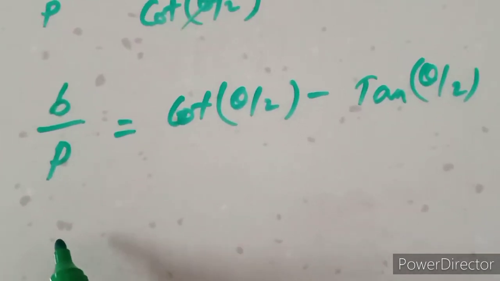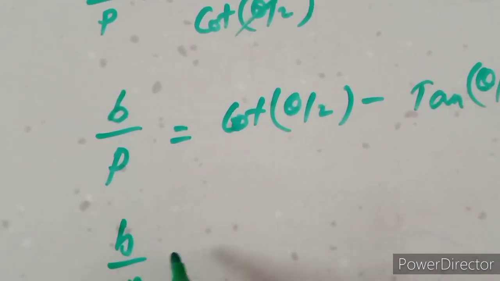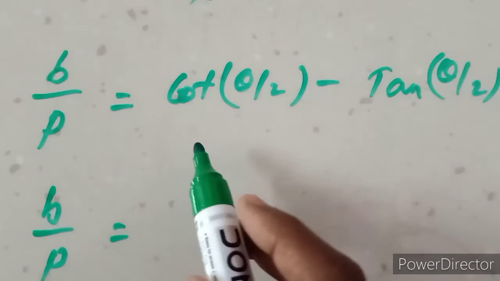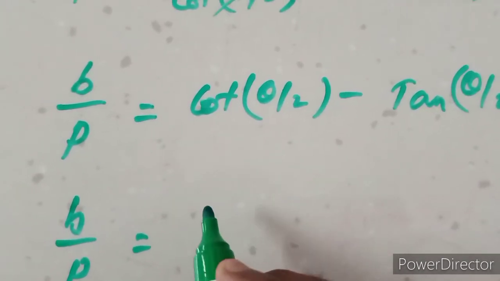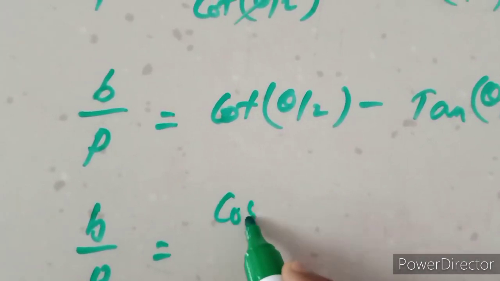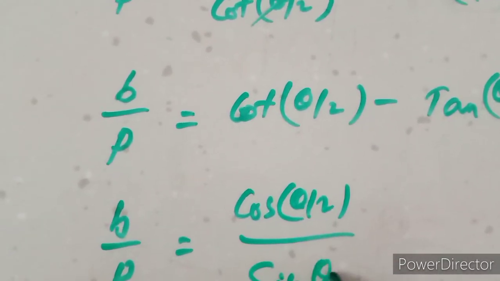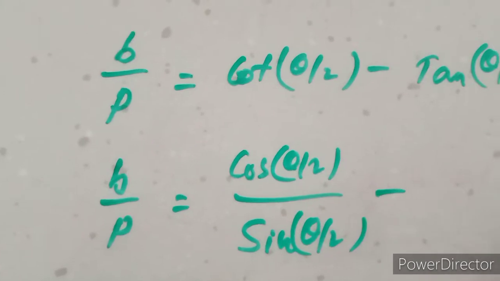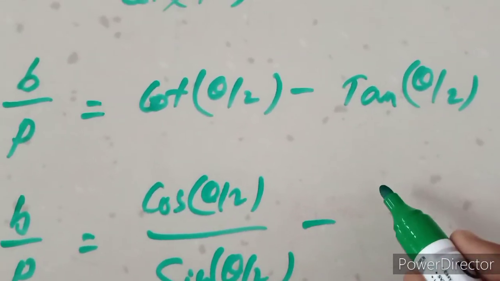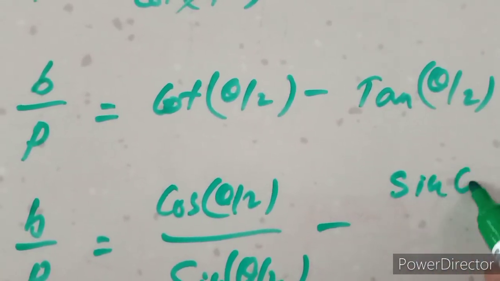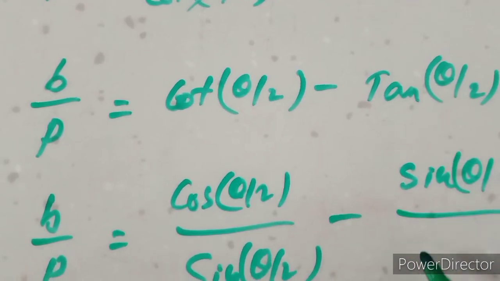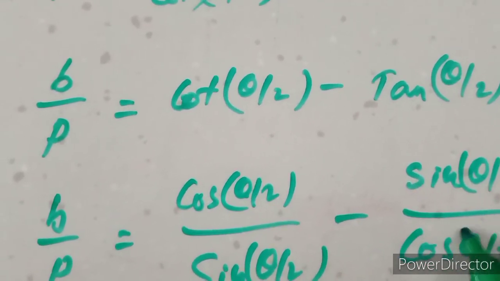So B by P equals cot theta upon 2, which equals cos theta upon 2 upon sin theta upon 2, and tan theta upon 2 equals sin theta upon 2 upon cos theta upon 2.